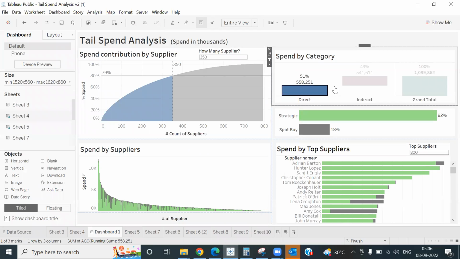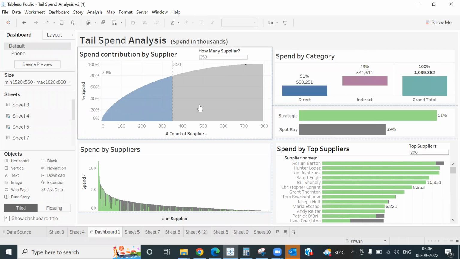As I said, the data that I have used for this analysis is the sales data, and I have made some changes, like renaming customer to supplier. Then I have categorized strategic spend and spot buy. There are some dummy adjustments that I have made in the data just to make the example more real.